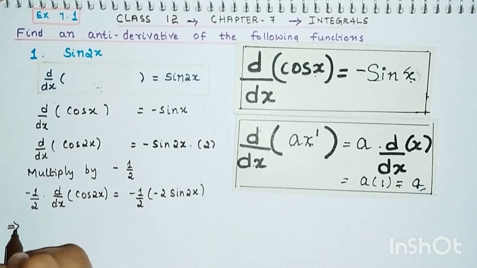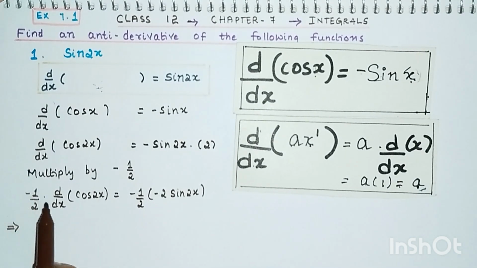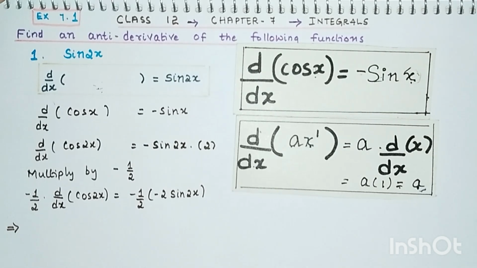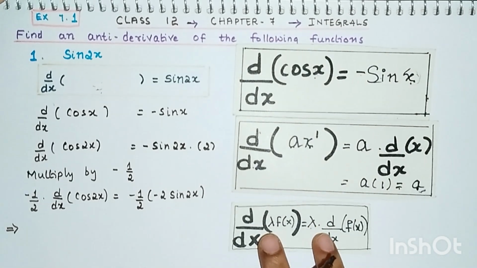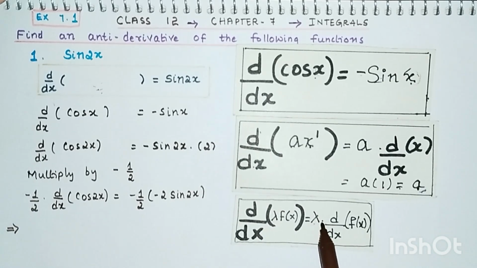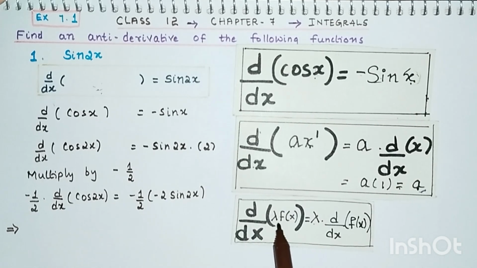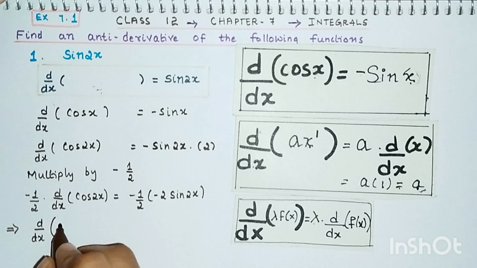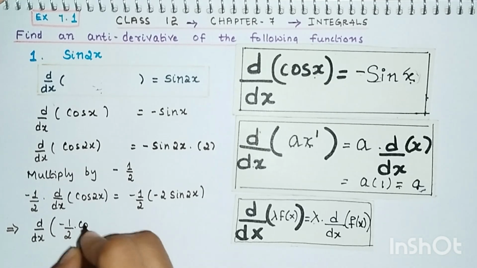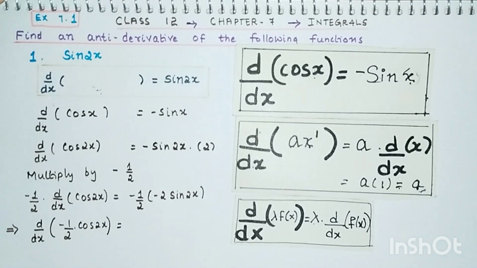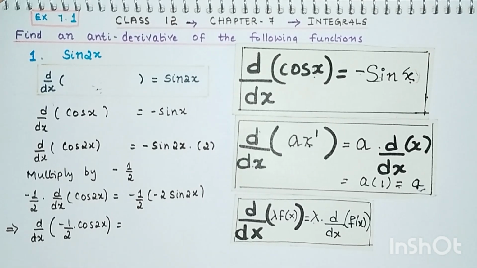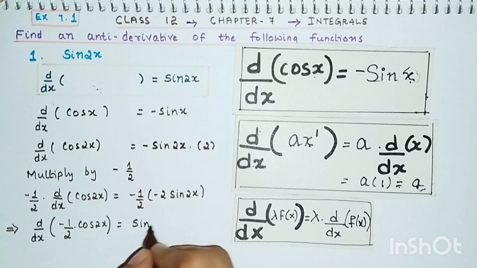Now this implies, so here you have a constant and the derivative of the function. So how do we simplify that? When you have constant into derivative of the function, we will write d by dx of constant into function is equal to, so minus into minus will become plus, 2 by 2 will become 1 and we are left with sin 2x.